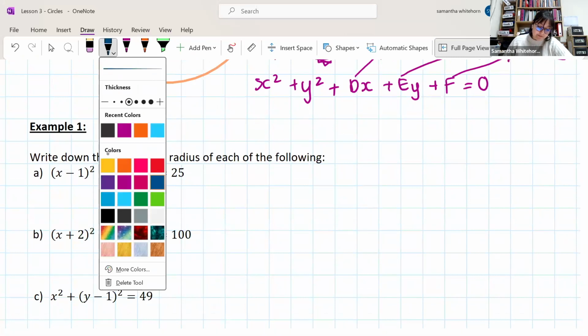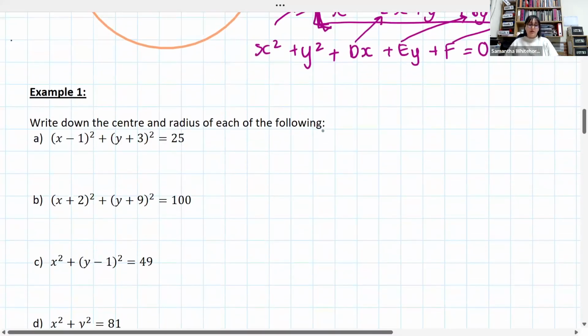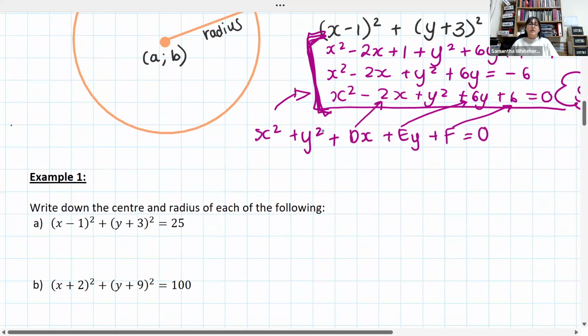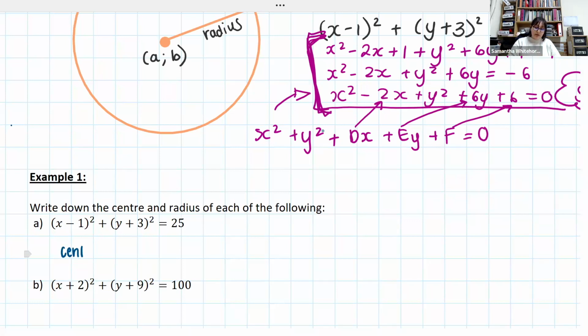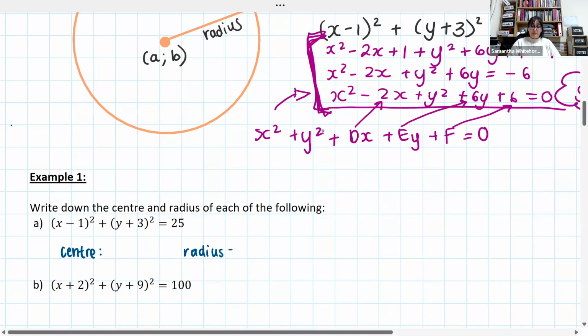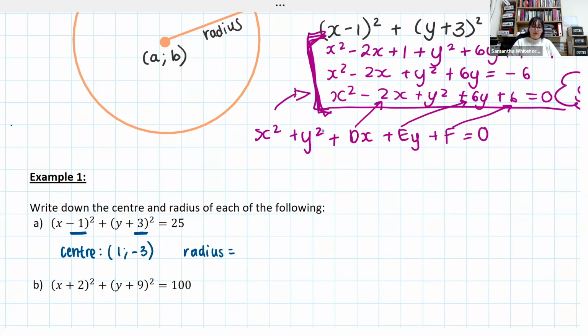Right. So all we want to do is write down the center and the radius of the following. Literally no thought process required whatsoever. We look at the equation and we write down what we want to write down. So we want the center and we want the radius. Okay, so center, you look at a and b in your brackets, you use the opposite signs: +1, -3.